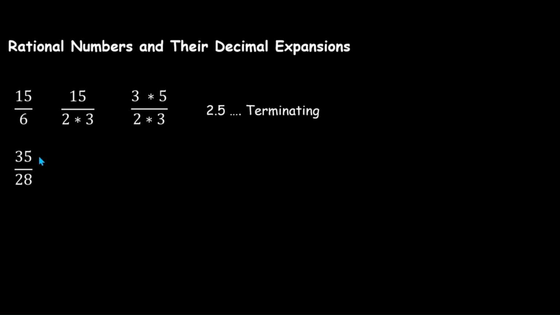Another example, 35 by 28, and here 28 is in the denominator. So expanding 28, we get 4 into 7. So 4 is 2 square. So it can terminate the decimal expansion, but 7 is also there, which is not part of 2 power m into 5 power n form.